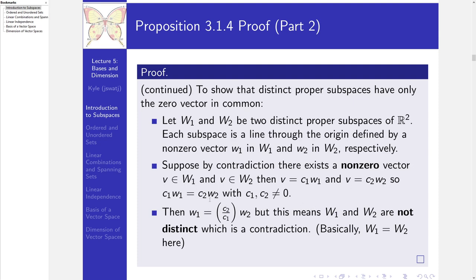But then this would mean that we could rewrite one vector as a scalar multiple of the other, which is not good, because this would mean that w1 and w2 are essentially the same set. They're the same line, because we can just scale one to get to the other. So this would contradict that they're distinct subspaces.